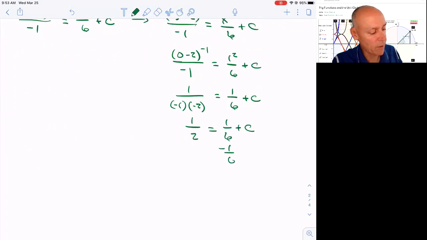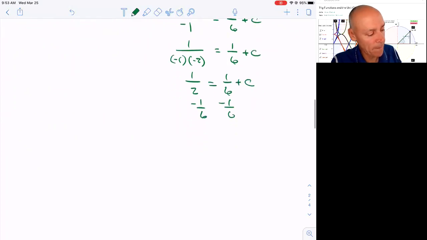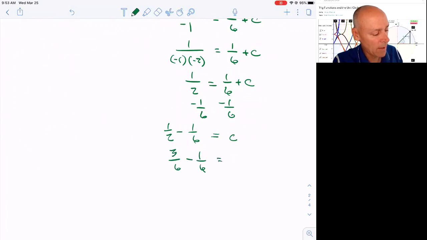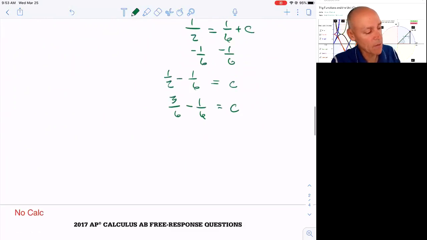Now I want to subtract 1/6 from both sides of my equation. So c is going to be equal to 1/2 minus 1/6. Rewrite my 1/2 as 3/6 minus 1/6 equals c. So c is going to be equal to 3/6 minus 1/6, which is 2/6, which is equal to 1/3.